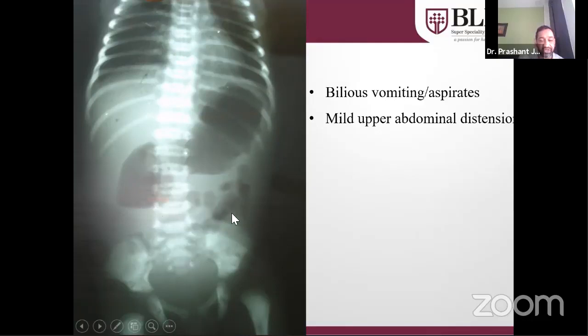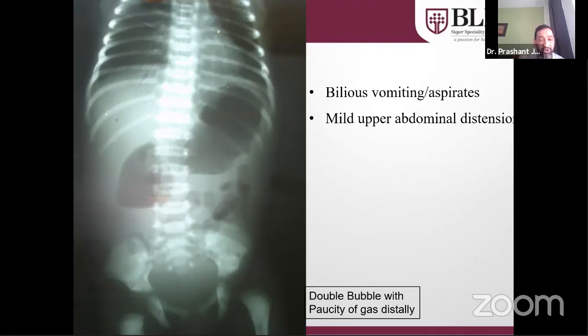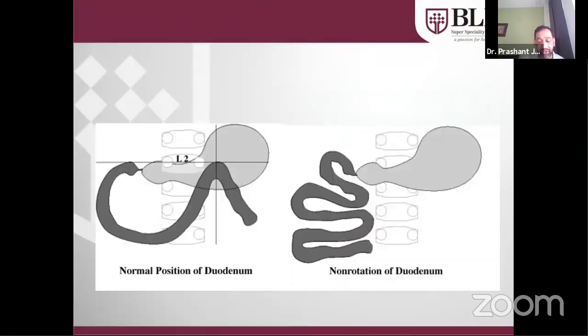So whenever you see this kind of picture, one should always keep in mind the possibility of malrotation. And whenever malrotation is suspected, the child should be taken urgently for surgery, because malrotation can lead to volvulus of the intestine and can cause gangrene of the intestine.